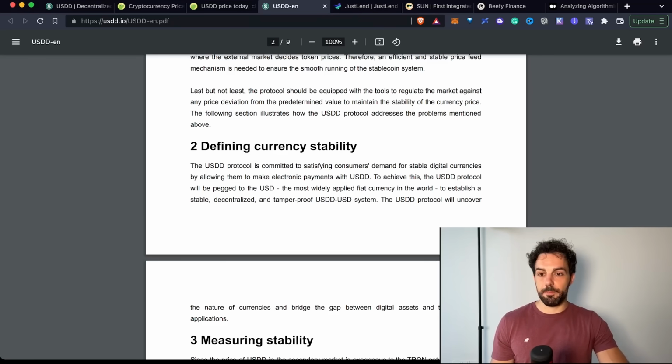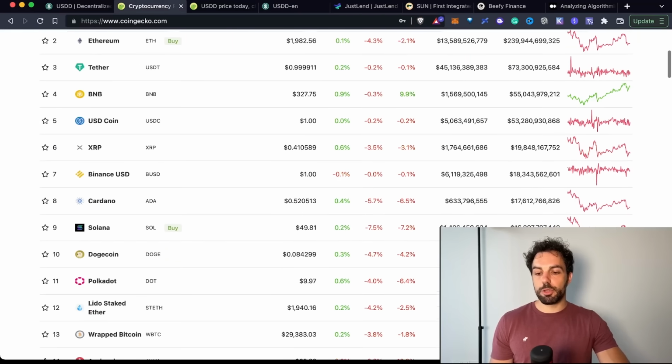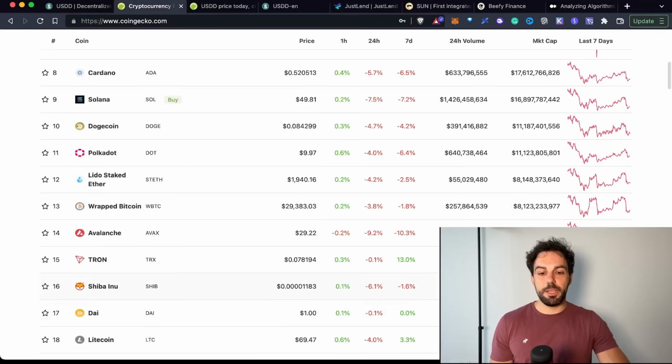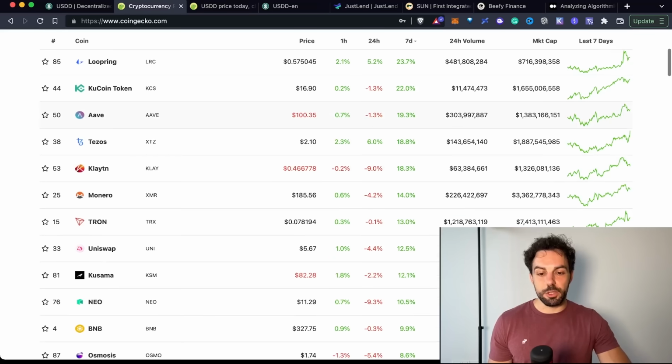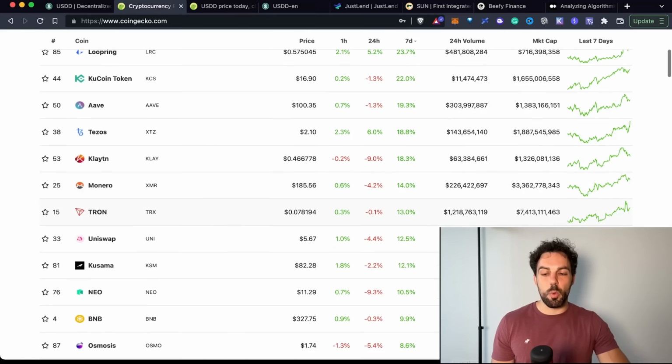And as you can see from CoinGecko, for example, Tron has been one of the best performing assets in the last 7 days. Even if the market was struggling so much, the Tron token has been reacting quite well, with growth of 13% in just the last week.